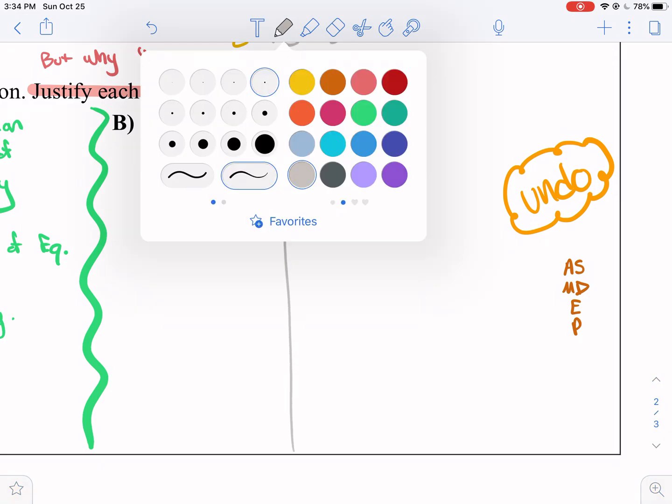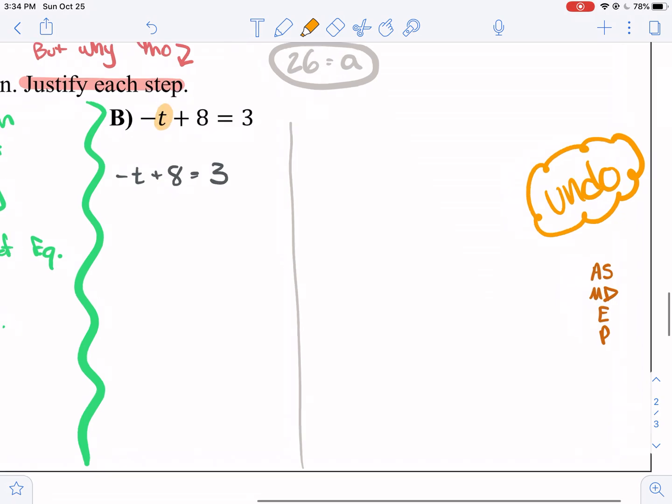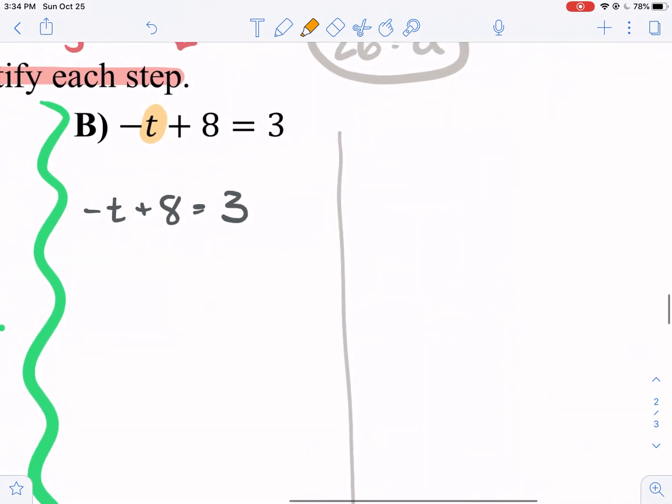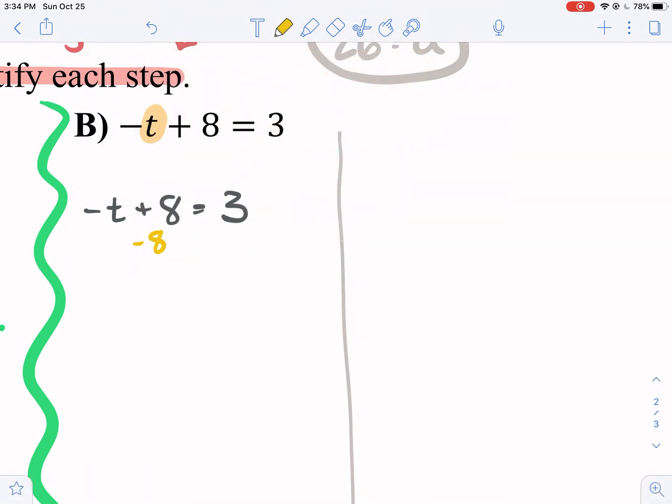Okay, here we go. So if we have negative t plus 8 equals 3, what we want to do is get this t all by himself. So we're going to undo what's happening to our t. My first idea is I want to subtract 8 from both sides.